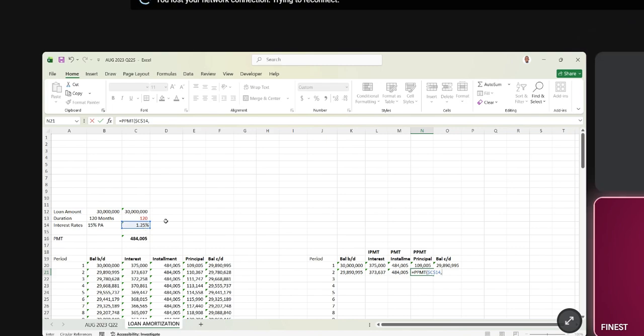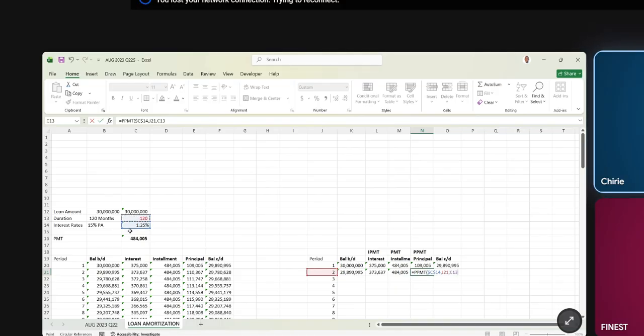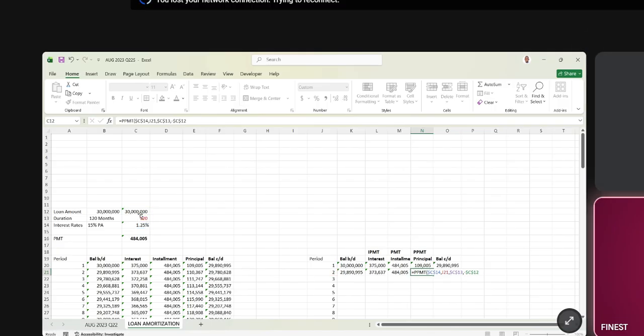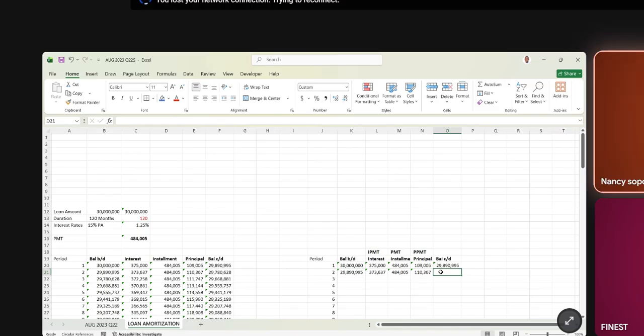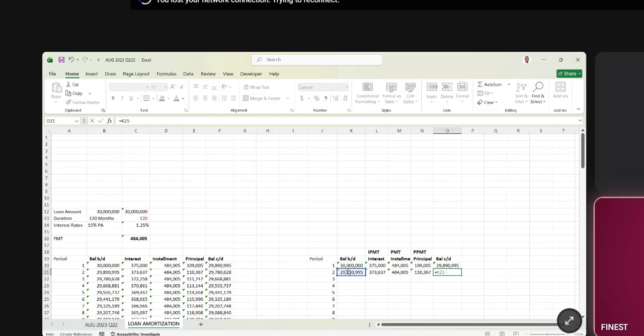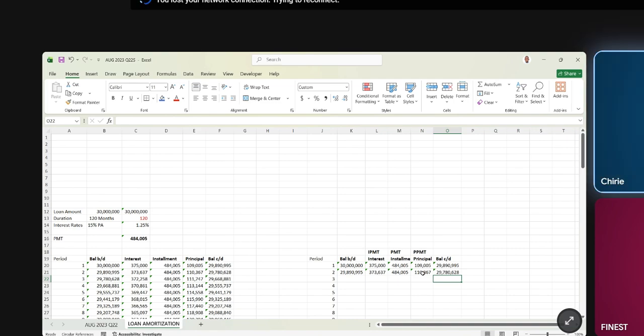The number of periods is constant, but the period is not constant. Negative 30 million, I lock it. The present value for period 2 is still 30 million, so it remains constant.